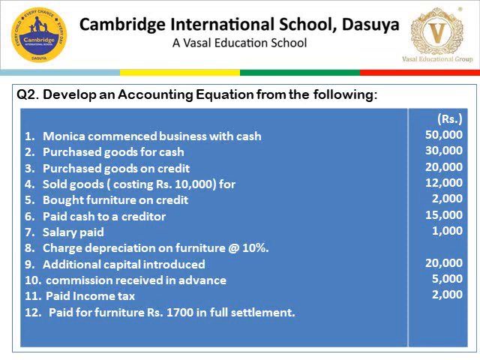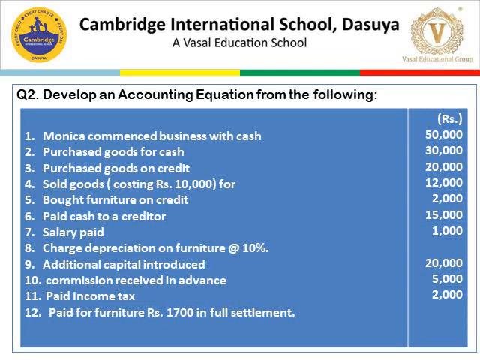Third, purchased goods on credit rupees 20,000. Fourth, sold goods costing rupees 10,000 for rupees 12,000. Fifth, bought furniture on credit rupees 2,000. Sixth, paid cash to a creditor 15,000. 7. Salary paid rupees 1,000.